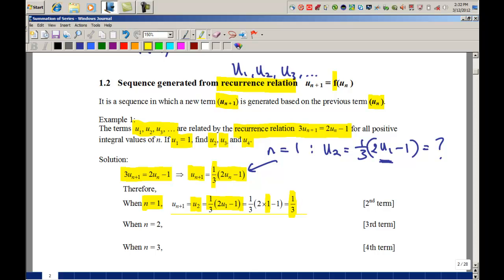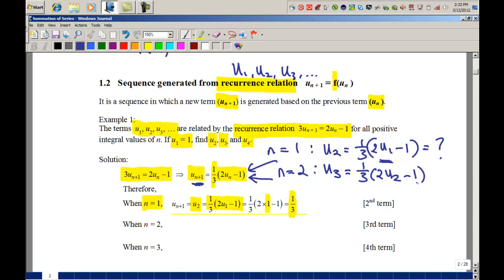Now likewise, if I want to find out what u3 is, I can look at the same equation again and say let's put n equals 2 this time. And what happens? If I put n equals 2, the left hand side becomes u3. And then on the right hand side, I get 1/3, open that bracket, 2u2 minus 1.